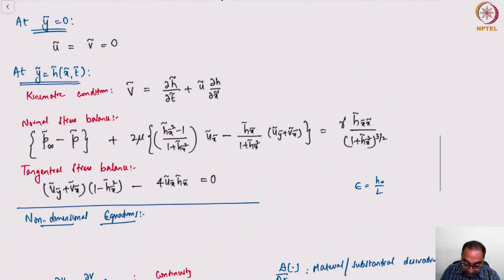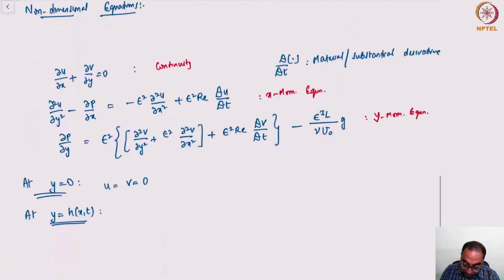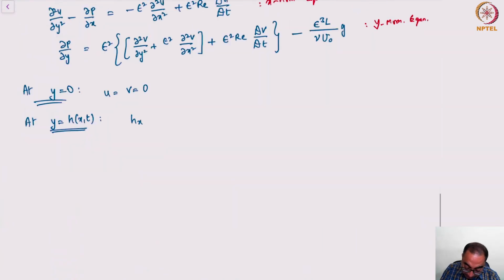For example, if you look at the normal stress balance and the tangential stress balance, you have the derivative of the height. So we have h x tilde, which is nothing but del h tilde by del x tilde. If you non-dimensionalize it, for h tilde we have h naught, and for x tilde we have L, that is del h by del x.